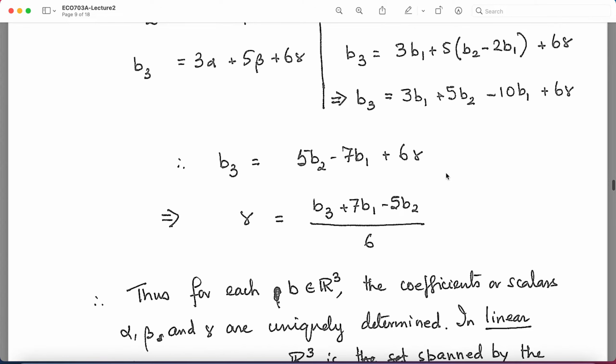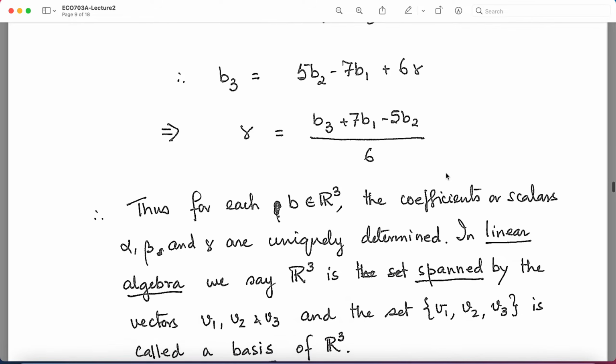Which means I can express any vector in R3 uniquely as a linear combination of those 3 vectors, meaning the linear combination scalars alpha, beta, gamma are unique to this vector. You change the vector V, the alpha, beta, gamma will change.